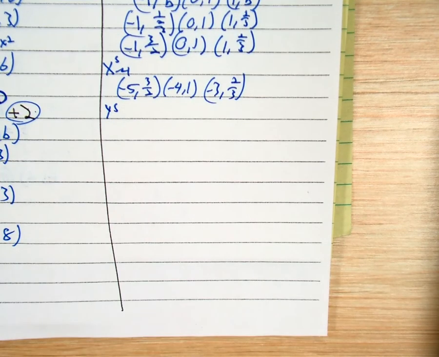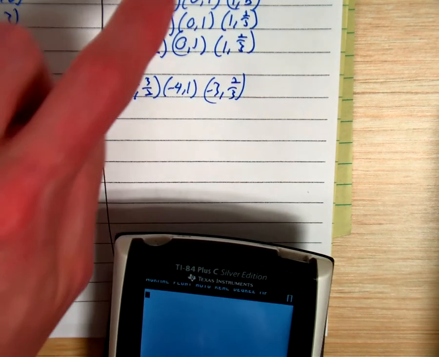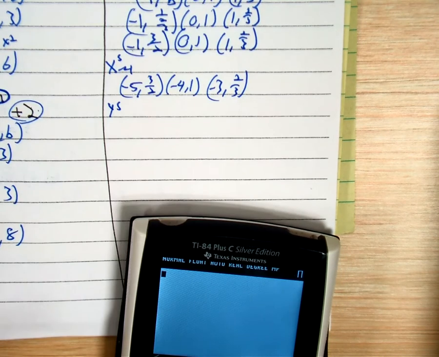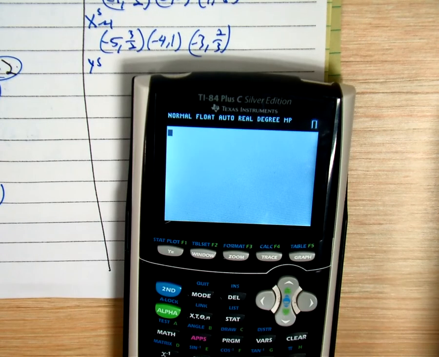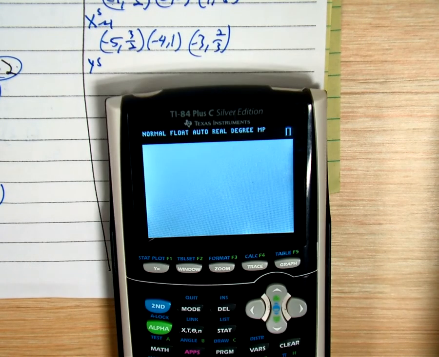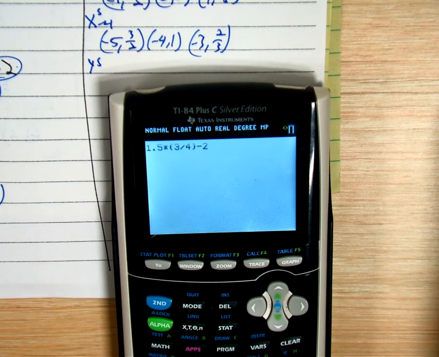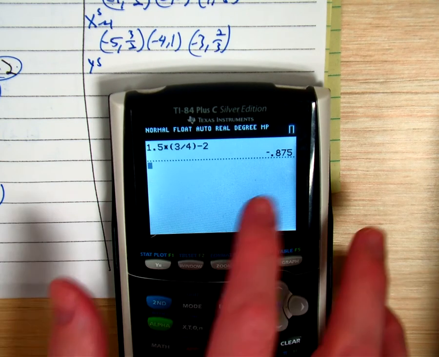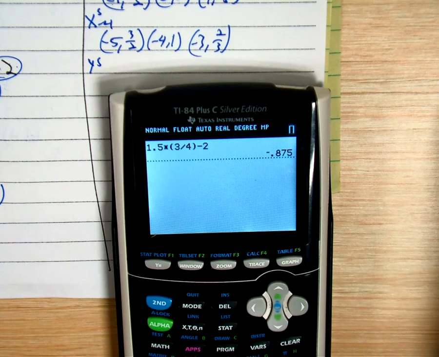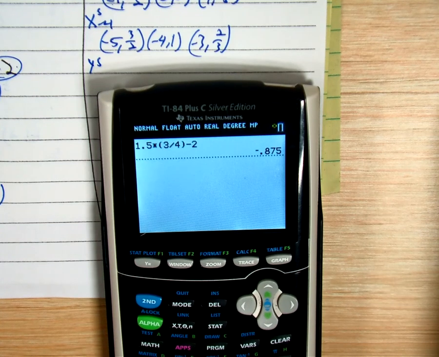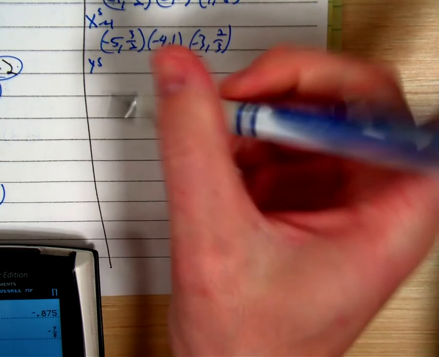Okay, we have to do 3/2 times 3/4 and then minus 2. So 3/2, that's 1.5, times 3/4, minus 2. So negative 0.875, math fraction negative 7/8, whichever one you'd prefer, it's fine with me.